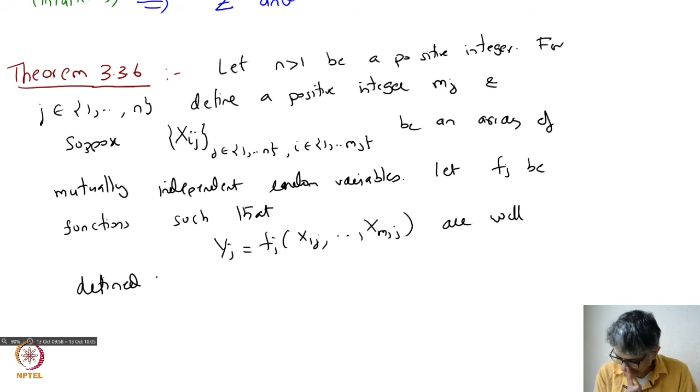So that means the f sub j's are well defined on this collection of random variables X_1j to X_{m_j j}. So each f_j acts on a different space, R to the m_j perhaps.